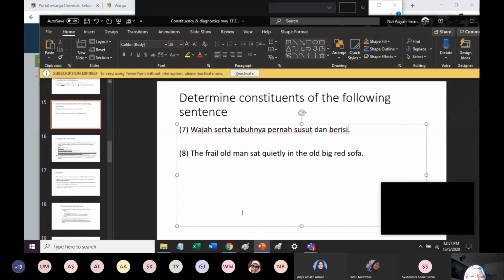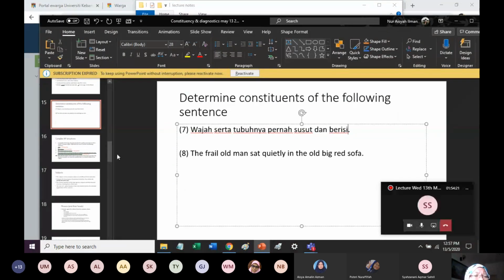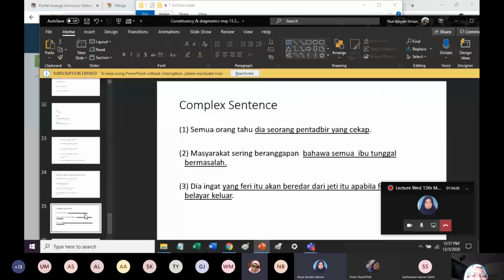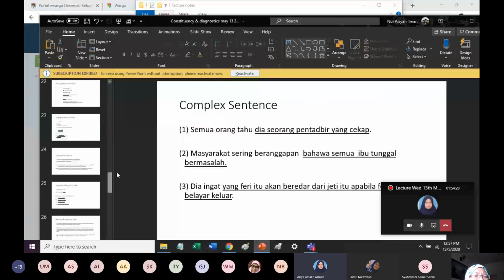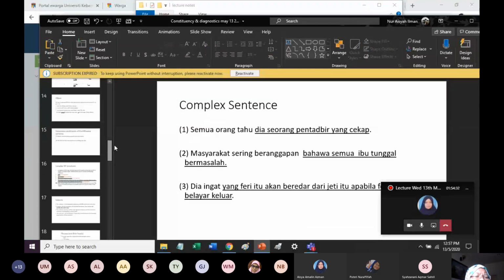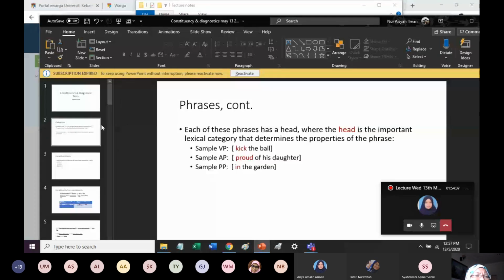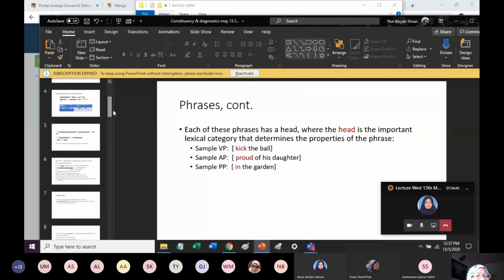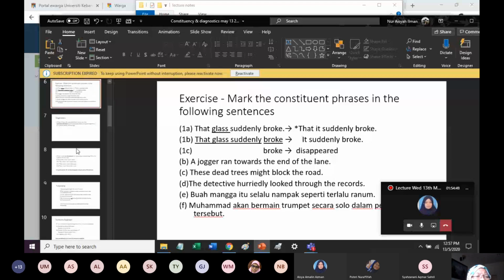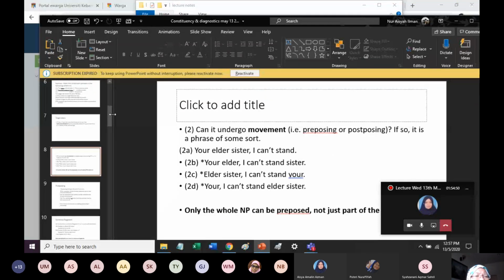Here it is. Nampak ke? Nampak Doktor, nampak? Banyak pula sini, ada satu ni. Nak buat you buat latihan. Oh, yang ni katanya. I think it's this one.